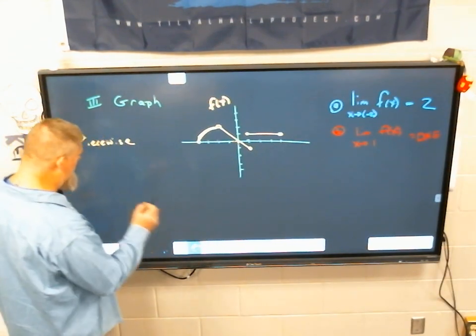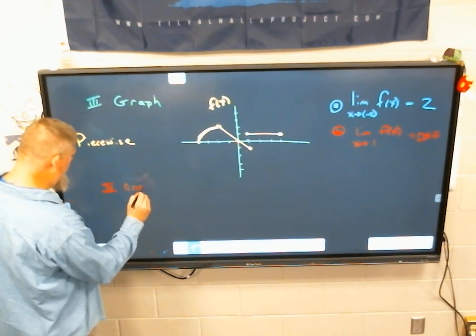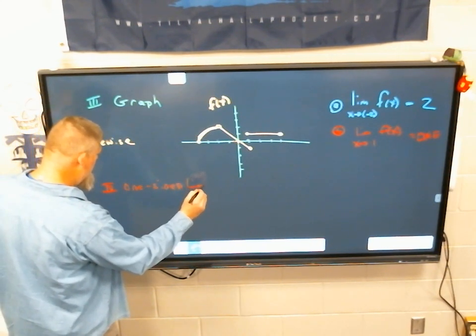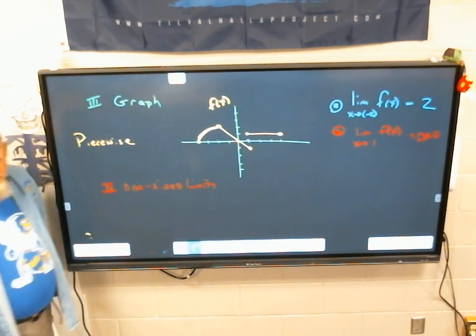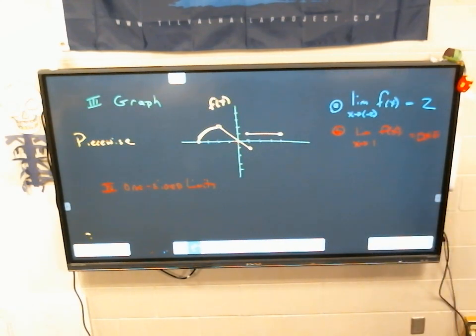Let's look at this concept of one-sided limits. What do you suppose a one-sided limit would be? Only comes from one side. I'm only coming from one side. Well, yeah. The limit is I'm coming from both sides. One side, I'm just coming from one side.